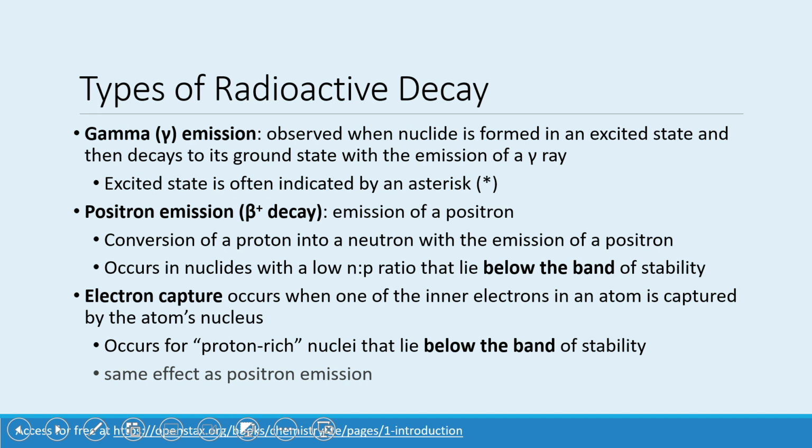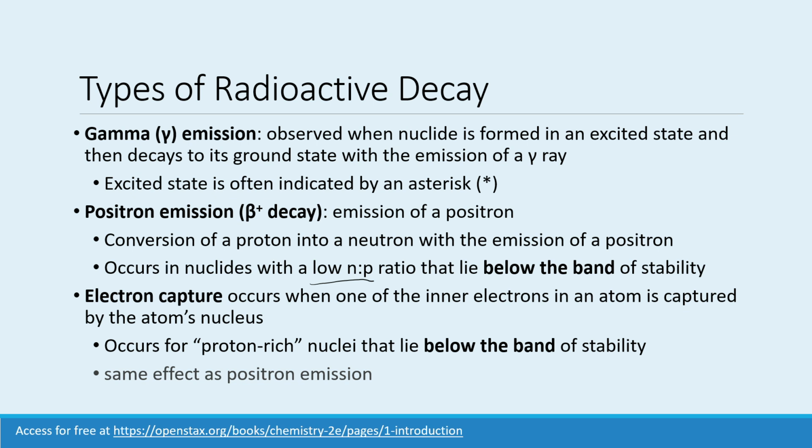A positron emission, or the beta positive decay, is going to happen when you have a low neutron to proton ratio. So when you have fewer neutrons than you do protons, and it's going to lie below the band of stability. And again, we're talking about that parent nuclide.